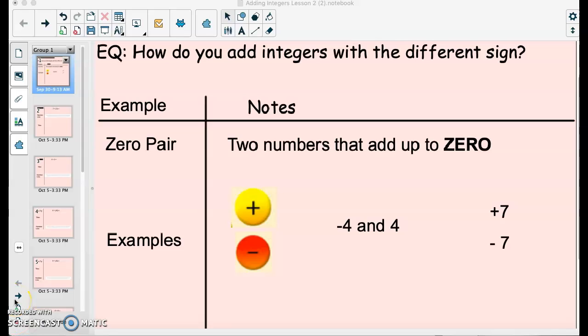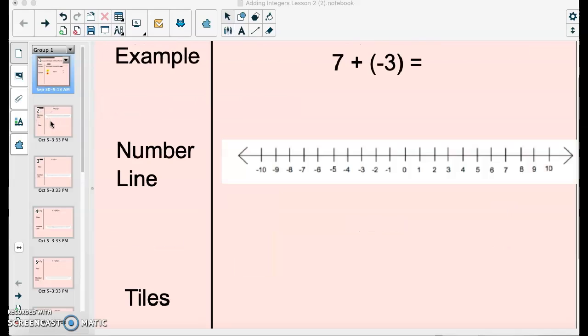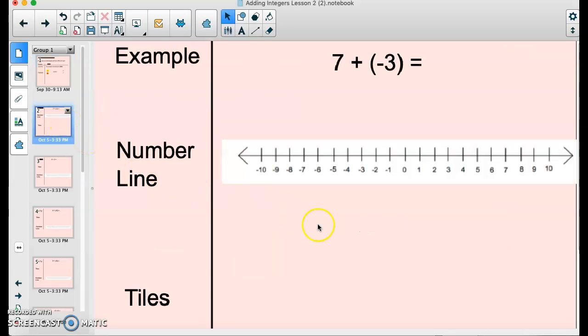Okay, so let's move on to adding more integers. We go to the next slide, an example. Similar to what we just did, we have 7 plus -3. On the number line, it's easy.